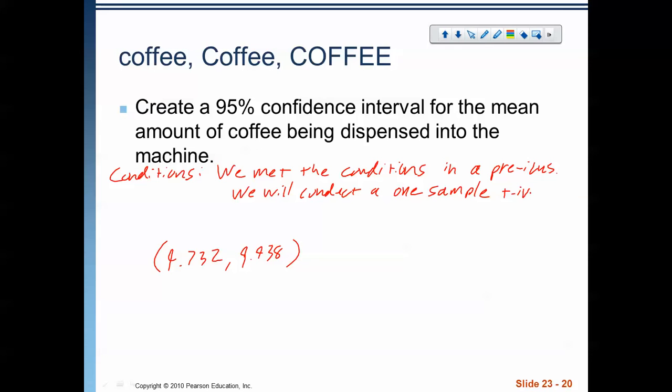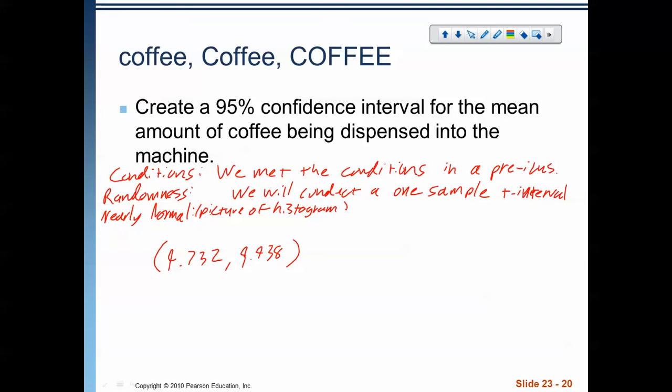Now, again, if you were just doing just this without having to already do those conditions, you're going to need to make sure that you meet the randomness and the nearly normal. And when you do the nearly normal, you're going to want to make sure that you have a picture of your histogram to show that it's nearly normal.